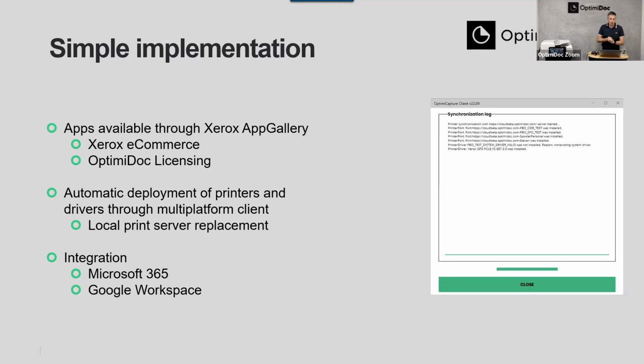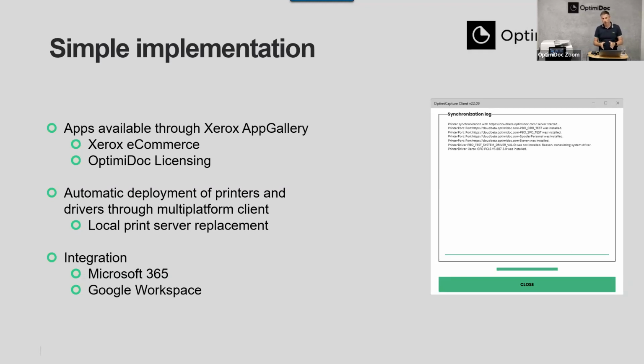Once you have everything configured and install the device, we are providing also the client on the user's workstation, which automatically manages the printers, automatically creates the printers, deploys the drivers, and takes care of the rest of the functionalities. And thanks to this, you don't need to manage the local print servers to share the printer, to share the drivers or whatever. Everything right now could be done through the client and the OptimiDoc Cloud portal.